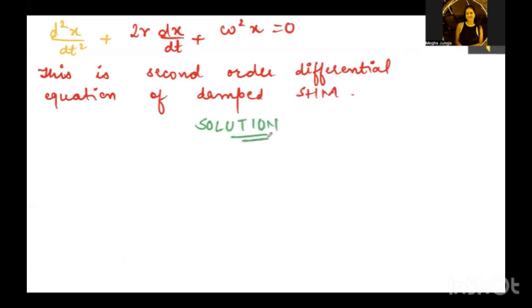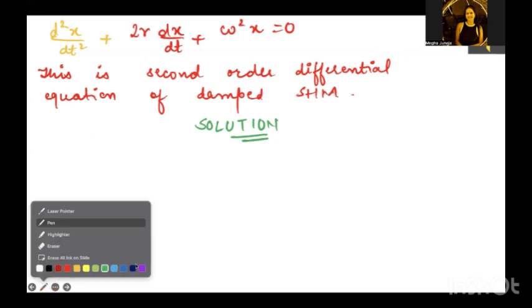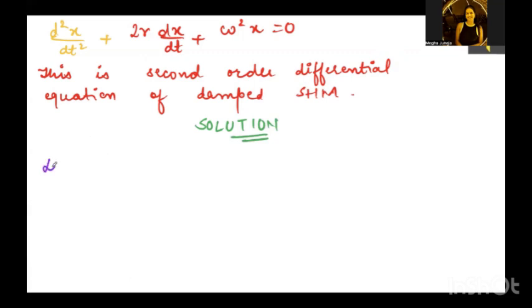When we find out its solution, again we are going to consider that let solution x be equivalent to e raised to the power alpha t. Now here we need dx over dt also, and d square x over dt square is also required. So dx over dt will be equivalent to alpha e raised to the power alpha t.